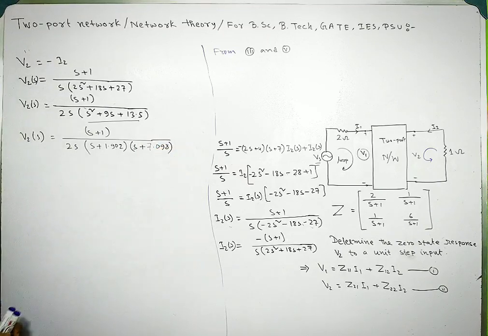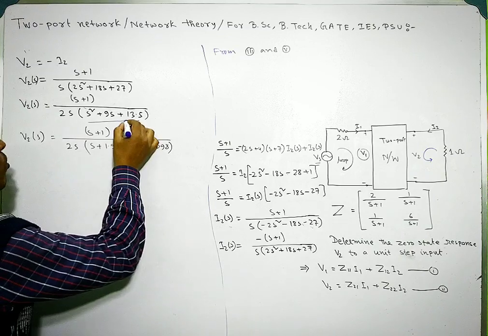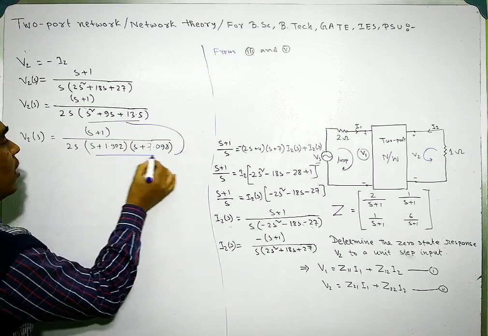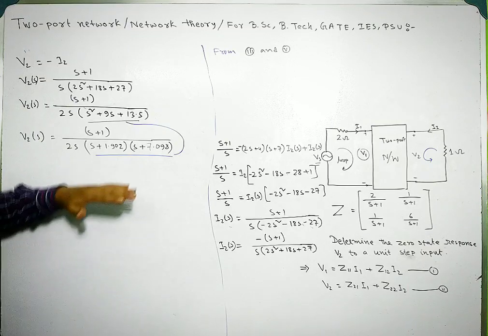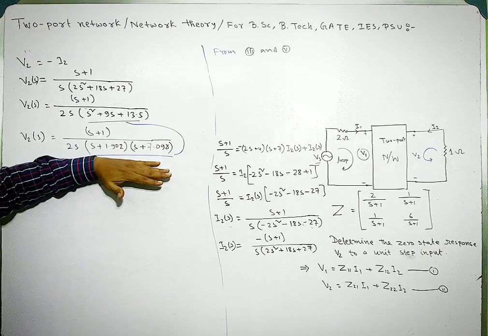Here s square plus 9s plus 13.5 can be written in this form.